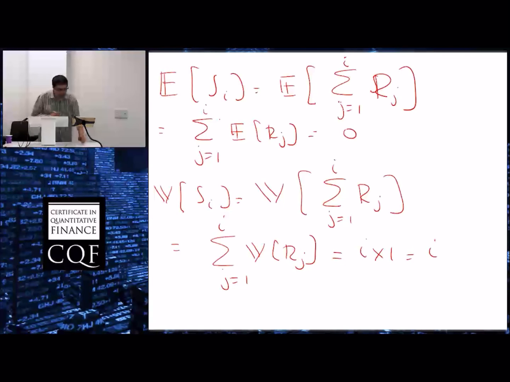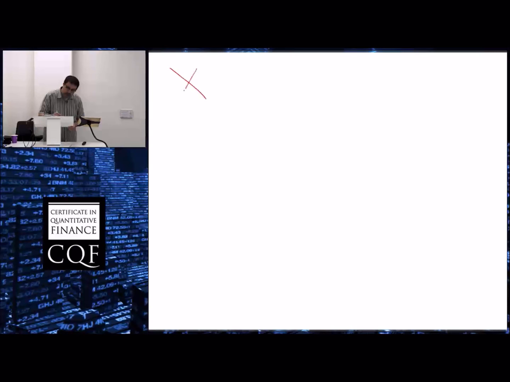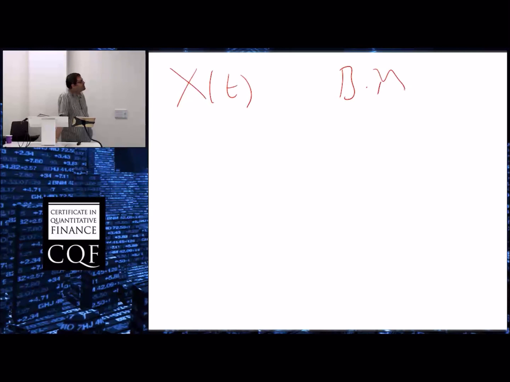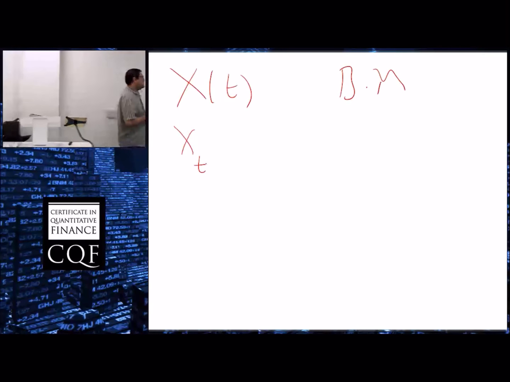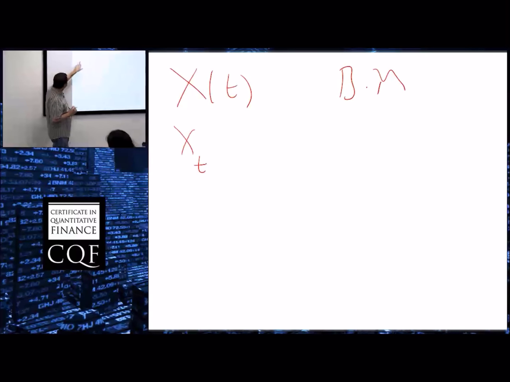So what Paul does throughout his book and also his slides is he uses xt for Brownian motion. You will have a lot of textbooks that don't use xt, but they use x subscript t. Many people will say that that's proper rigorous notation for Brownian motion, because that's how you write down a stochastic process.